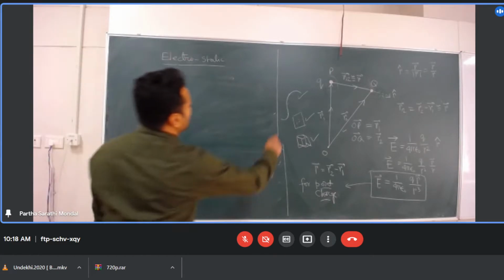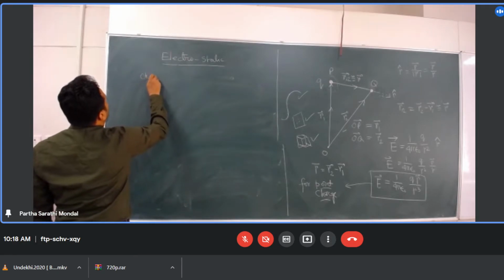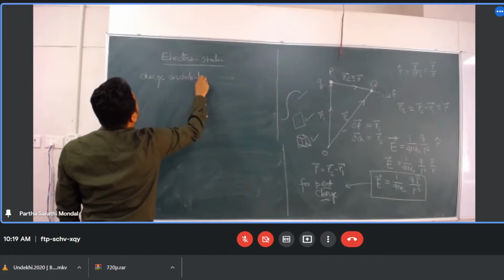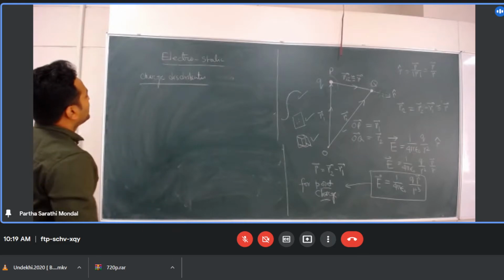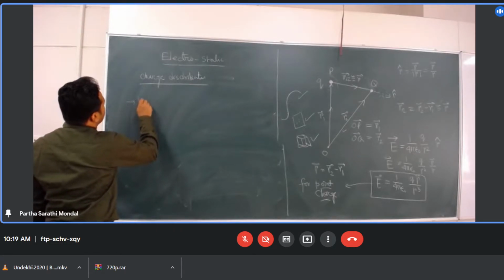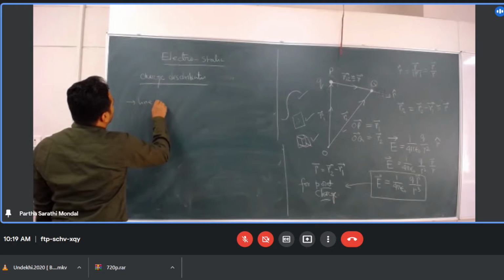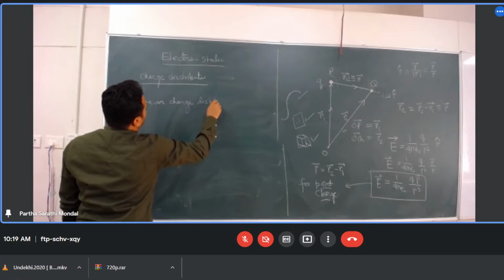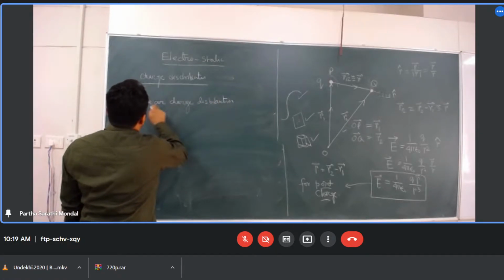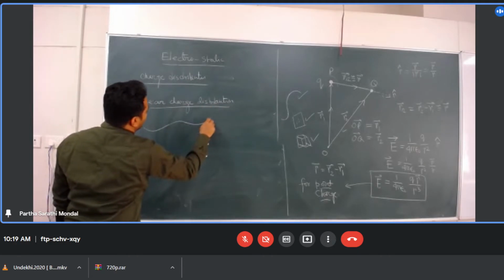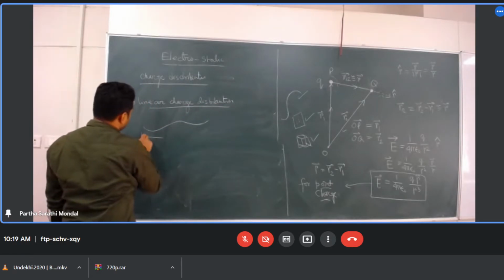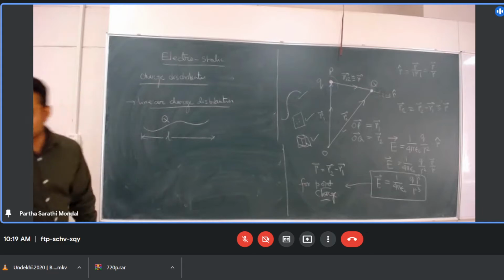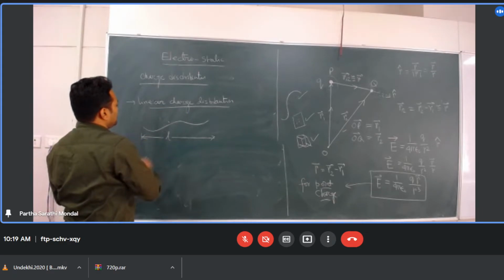Okay, now we have charge distribution, with different types. एक तो हो सकता है जैसे बताया लीनियर चार्ज डिस्ट्रीब्यूशन. लीनियर चार्ज डिस्ट्रीब्यूशन मतलब है सपोज आपके पास एक लेंथ है, टोटल लेंथ let's say is L, and we have put total Q charge here.